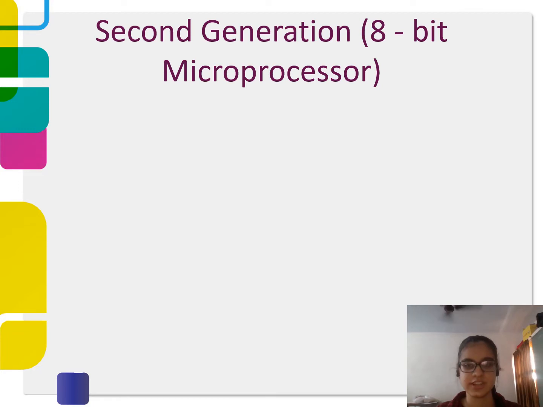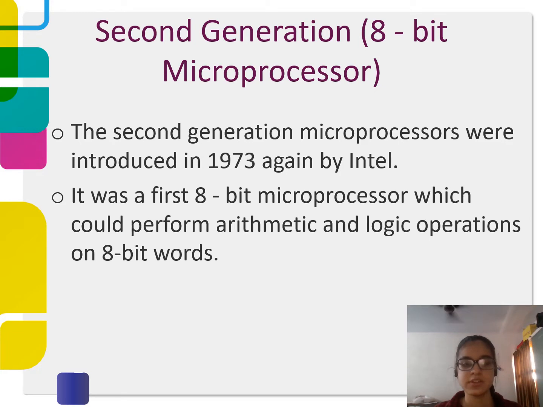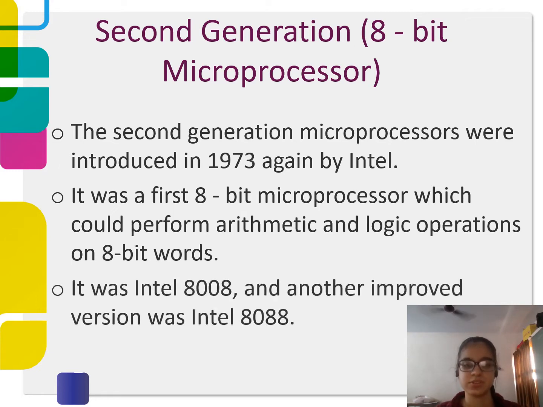Second generation is 8-bit microprocessor. The second generation microprocessors were introduced in 1973, again by Intel. It was the first 8-bit microprocessor which could perform arithmetic and logical operations on 8-bit words, and it was Intel 8008. Another improved version was Intel 8088.